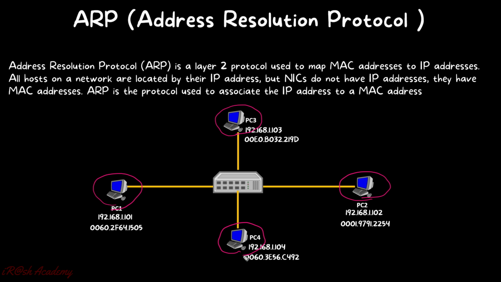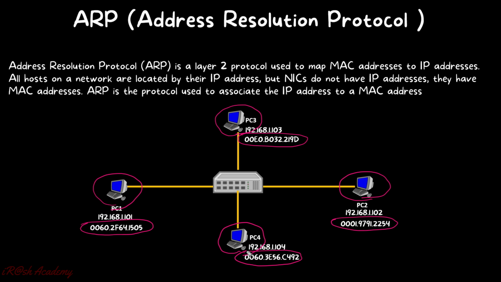From the MAC address table, the switch can recognize the MAC address of PC1, PC2, PC3 and PC4. So it can recognize the location of each PC. Basically, the switch can understand in which interface these PCs are connected.